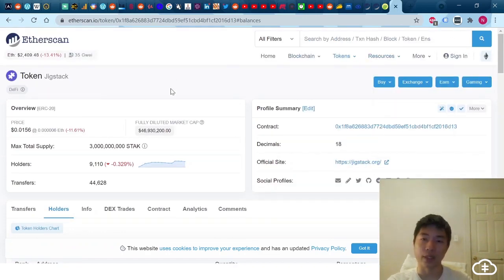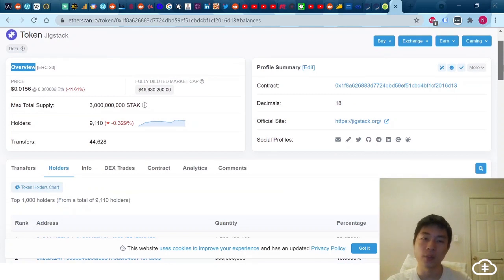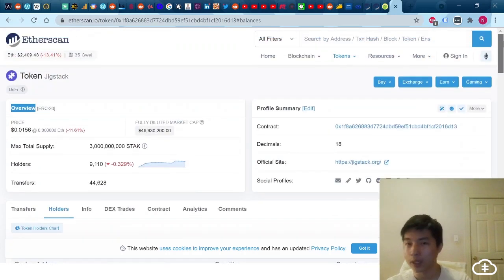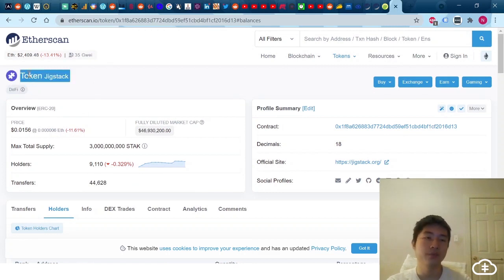Oh, and one more thing that's very important. When you're buying and selling crypto, and you're buying something on the Ethereum network, another benefit of knowing this token address right here is to always make sure you're buying the correct token, okay?